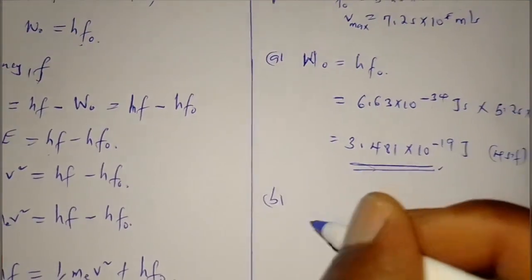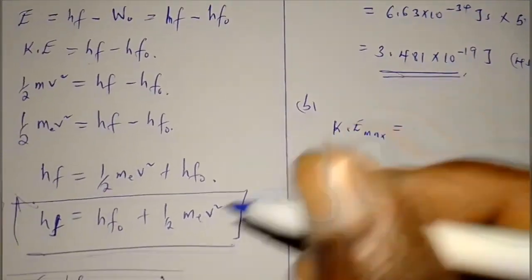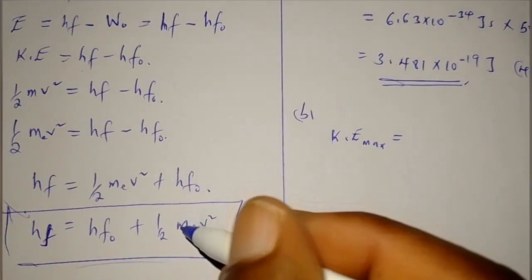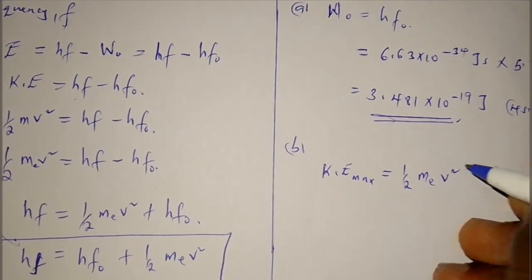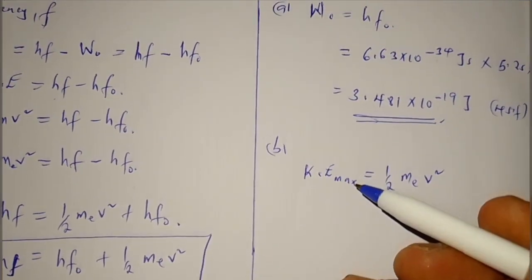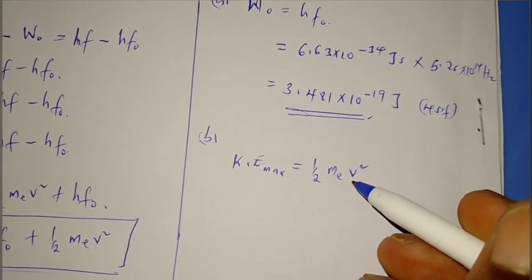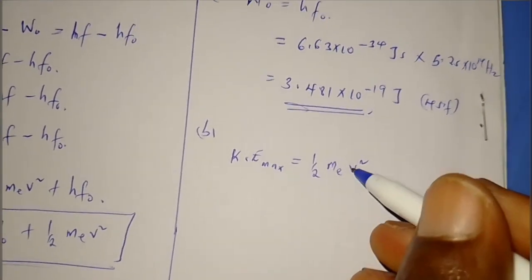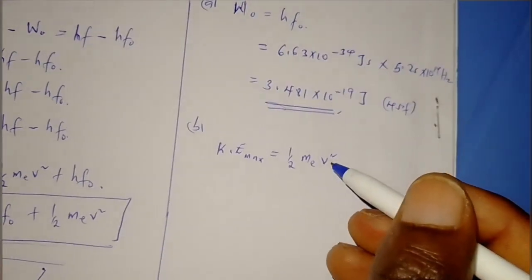So the maximum kinetic energy, KE max, will be given by a half MeV squared, where KE max is the maximum kinetic energy, Me is the mass of an electron in kilograms, then V is the maximum speed.